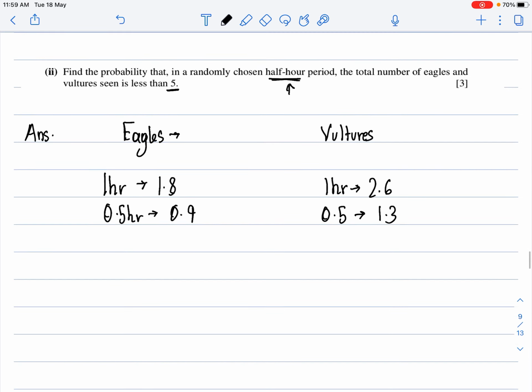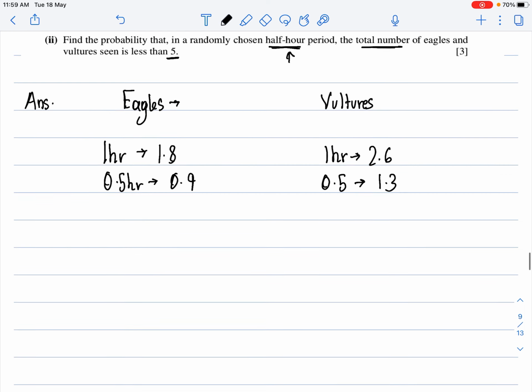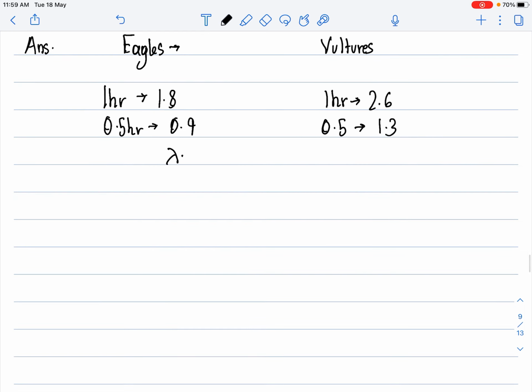Now because we need the total number, my final lambda will be equal to the lambda of eagles plus the lambda of vultures, which will be equal to 0.9 plus 1.3, so it's simply 2.2.